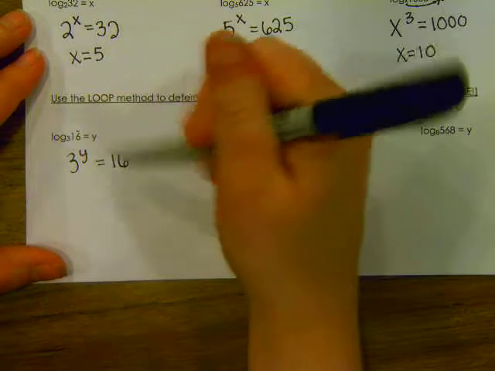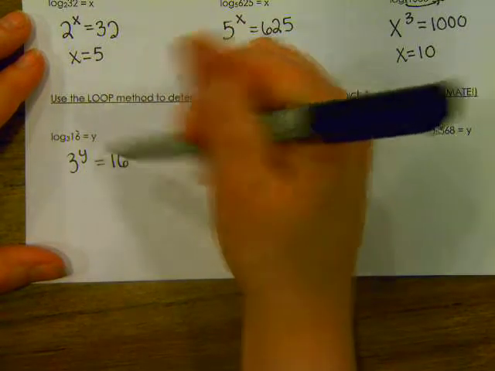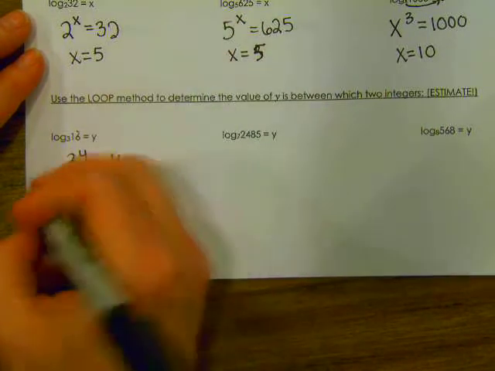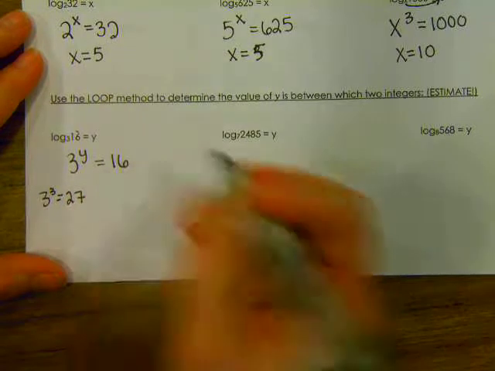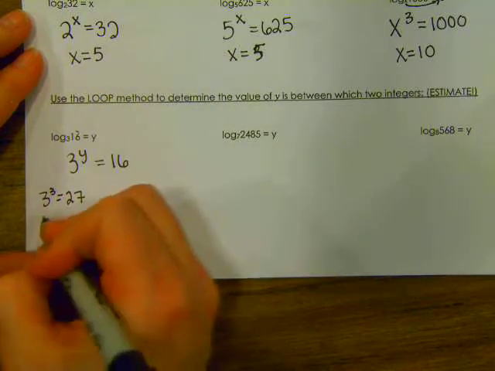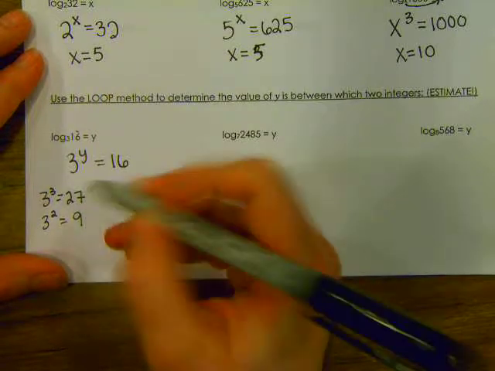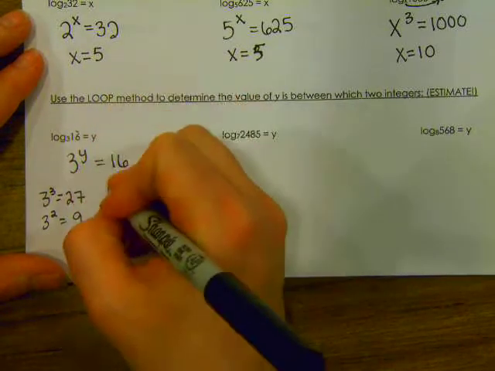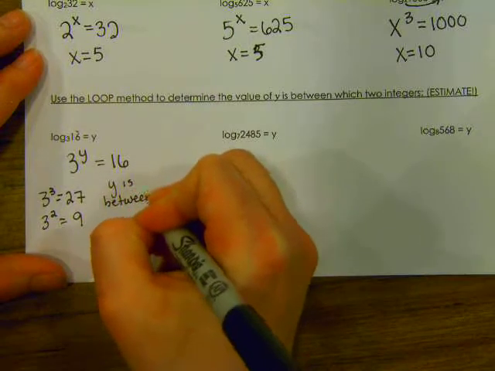Clearly, okay, this is kind of like the drill problem. There is no number. 3 to what power makes 16? There is none. But we know 3 to the third is 27. Okay, so that's bigger than 16. So 3 squared is 9. Since this is in between these two numbers, we would estimate y is between 2 and 3.